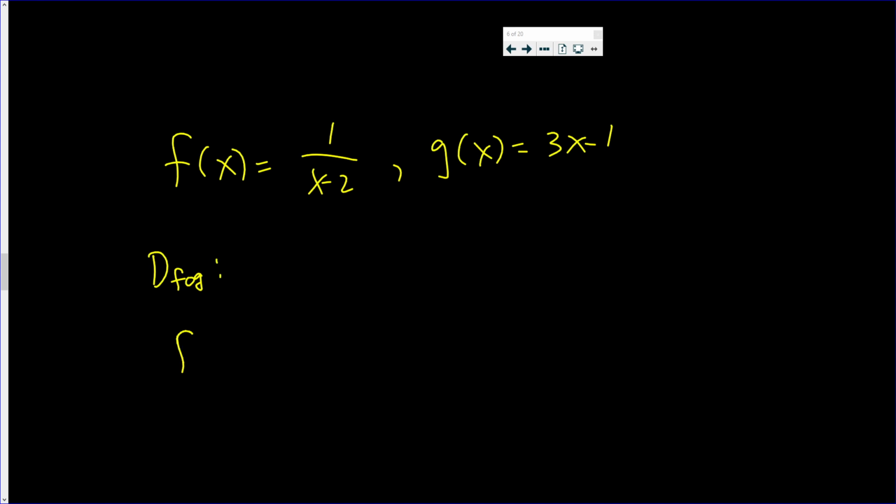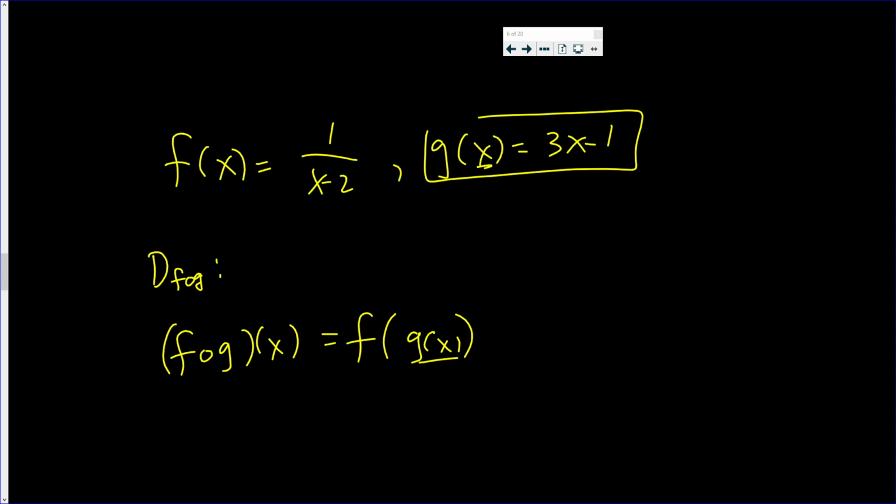Okay. So let us look at f circle g of x. This is f of g of x. And you can take g of anything. There's no restriction on which numbers you can triple and then take away 1 from. You'll never be dividing by 0. You'll never have a negative number under the square root sign.